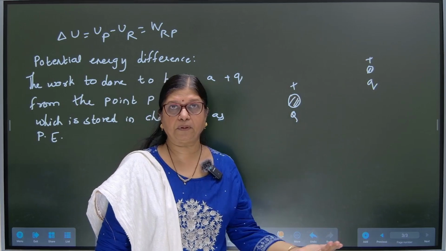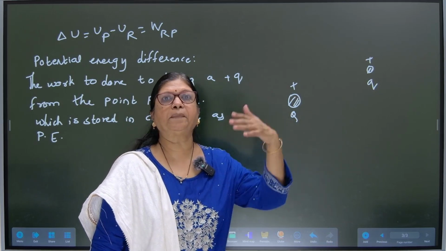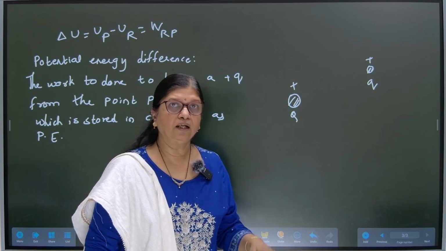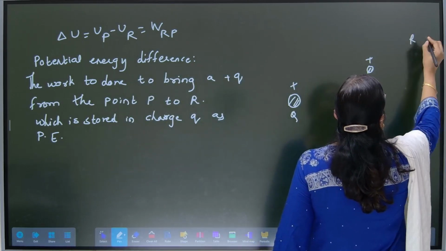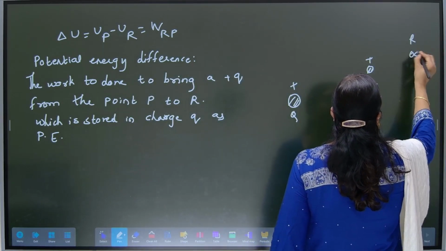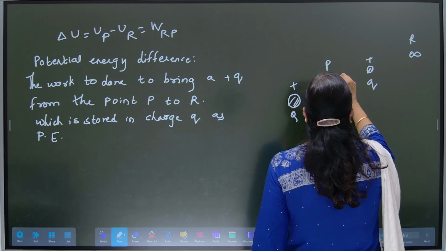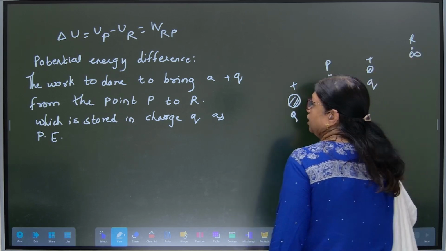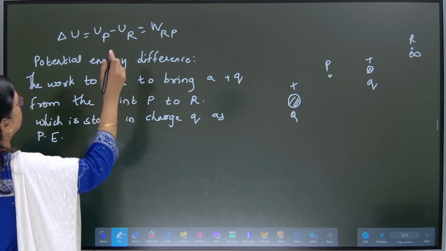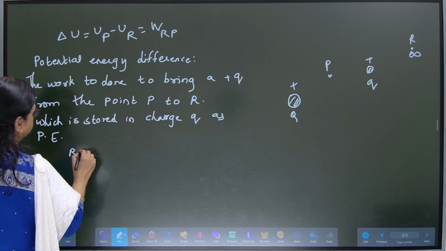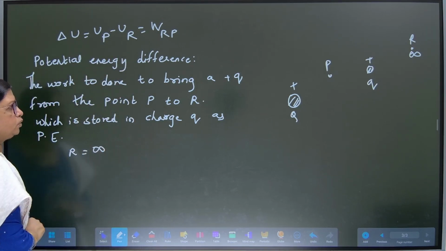From where can I bring it? From R to P, correct? What can be this R? This R can be infinity and the point P can be the point P itself.